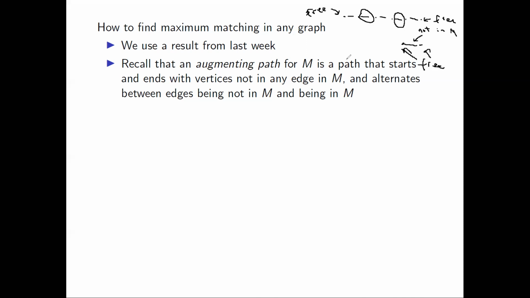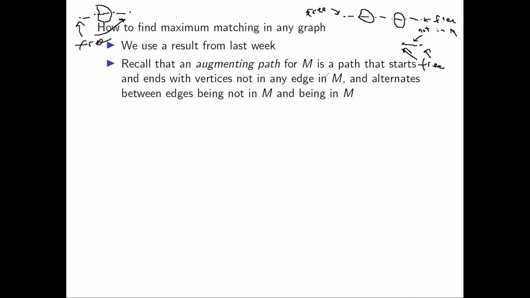So these are two examples of augmenting paths. And the P4 we saw earlier, if we had the edge from the matching in the middle, that would be an augmenting path for the matching if both this and this were free for M.